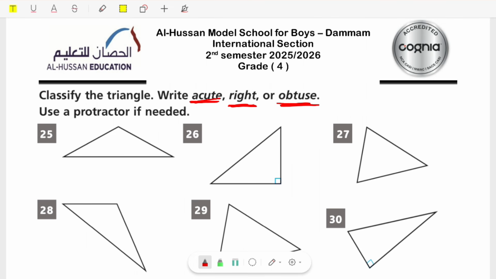As you see here, we have this angle so wide. So this is an obtuse angle, and we have two acute angles. And we said before that the obtuse angle is way stronger than the acute angle, so it's an obtuse triangle.